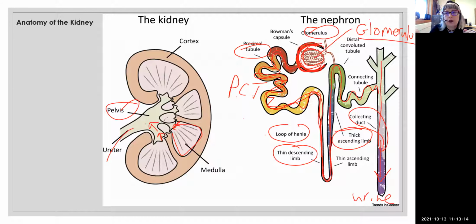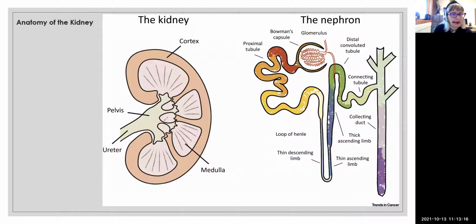So the flow chart goes as such. Let me clear all the annotations. So we have filtrate forms in the glomerular capsule, or Bowman's capsule, has two names.